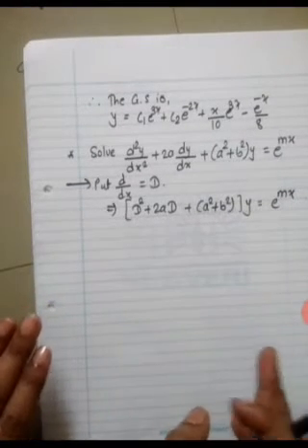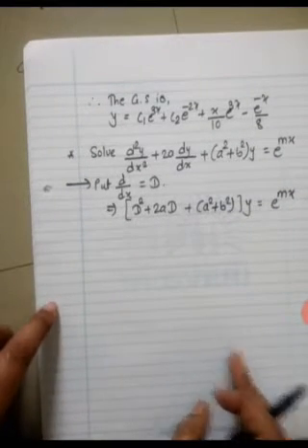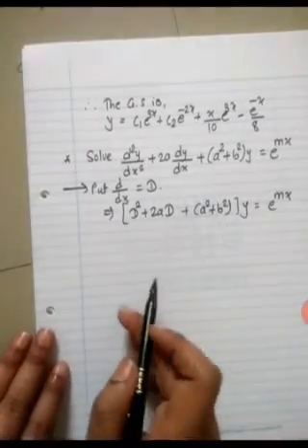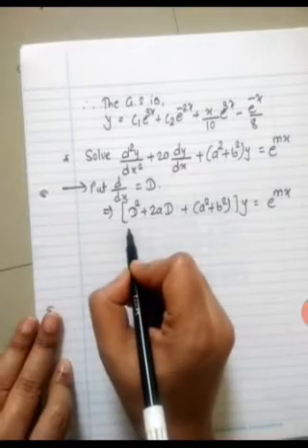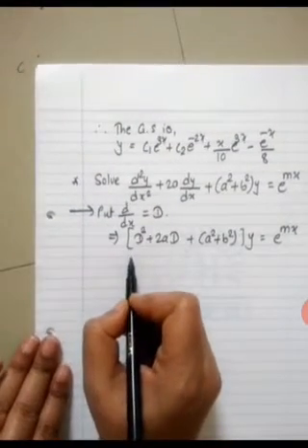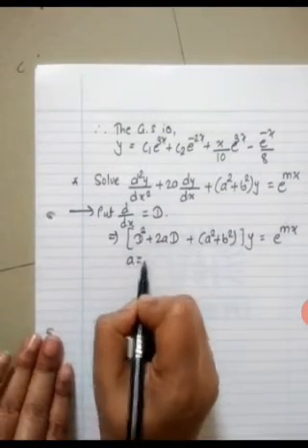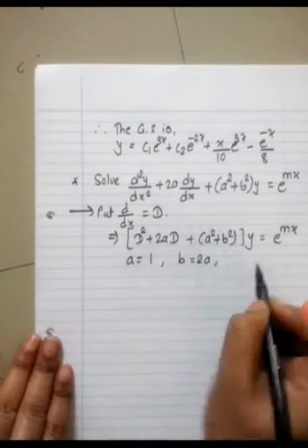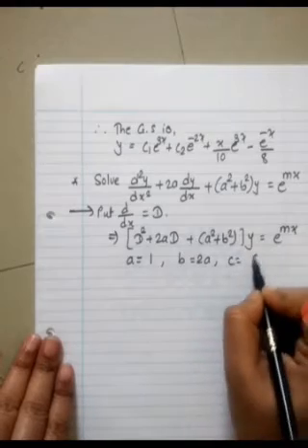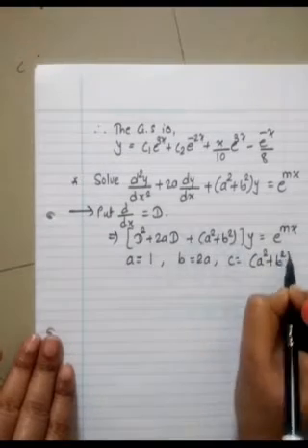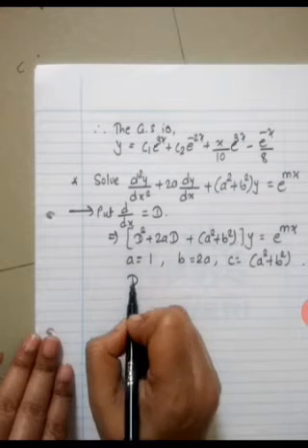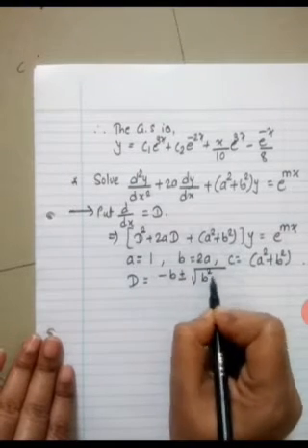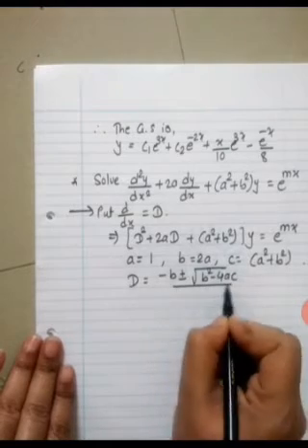How should we find the roots? Formula method. Yes. So comparing with the formula AD square plus BD plus C, A is here 1, B is 2A, and C is A square plus B square. And we have a formula minus B plus minus root B square minus 4AC upon 2A.